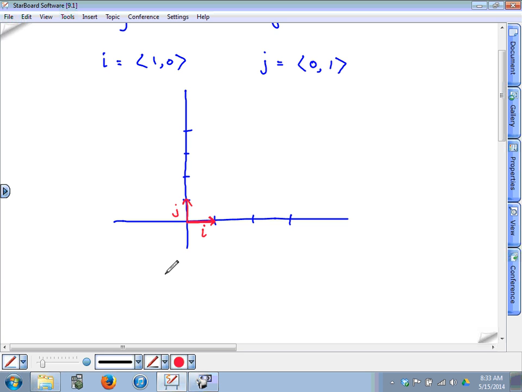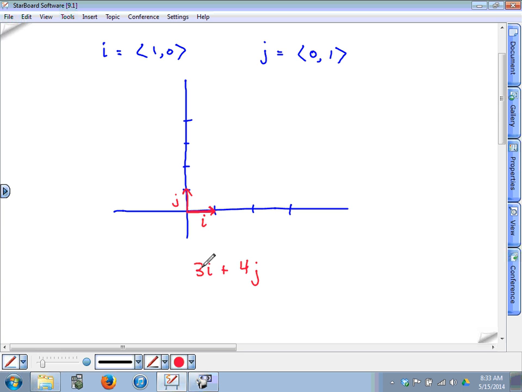Now this is going to be a little bit of the algebraic addition of vectors and also the geometric addition of vectors that we talked about right at the beginning. If I asked you guys to draw me this vector, 3i plus 4j, 3i plus 4j. Let's do this geometrically first of all. What is 3i?